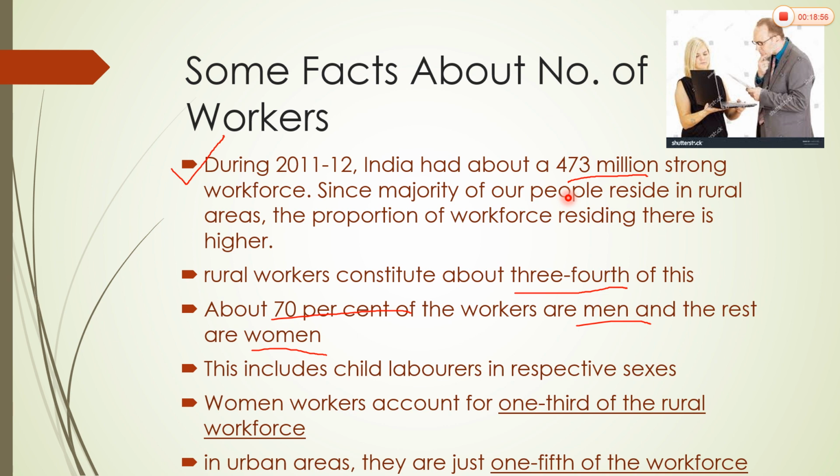Obviously, three-fourths of this 473 million are rural workers, and the remaining 25% are urban workers. Out of that three-fourths, one-third of the rural workforce is constituted by women, and in urban areas it is one-fifth of the workforce who are women.